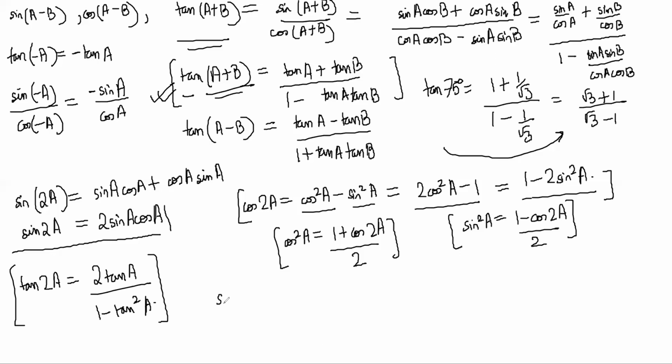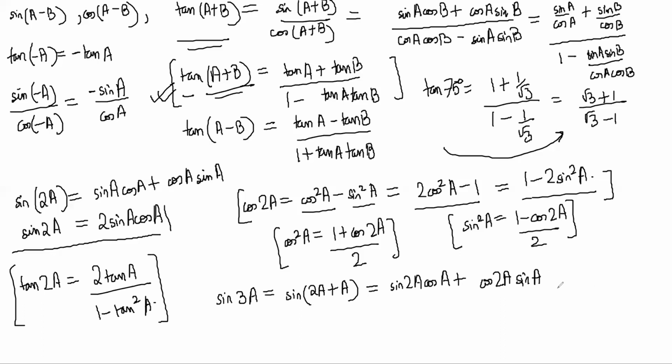Let's see how to get sin 3a. So sin 3a is equal to sin of 2a plus a, right? So it is equal to sin 2a plus a, which will be the sin a plus b formula. So it will be sin 2a cos a plus cos 2a sin a. Correct?